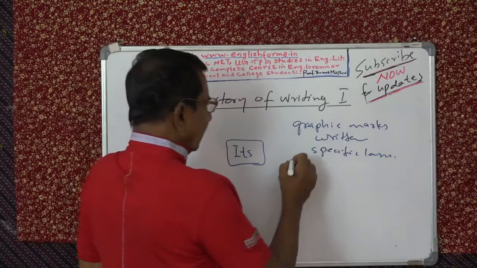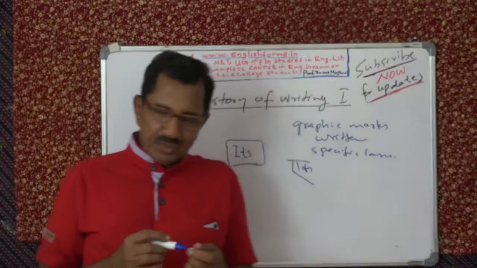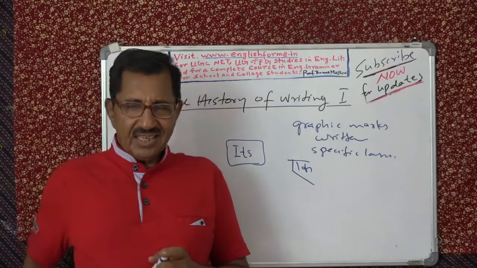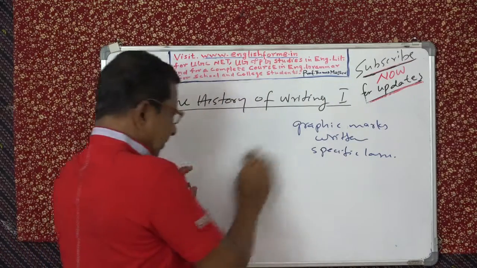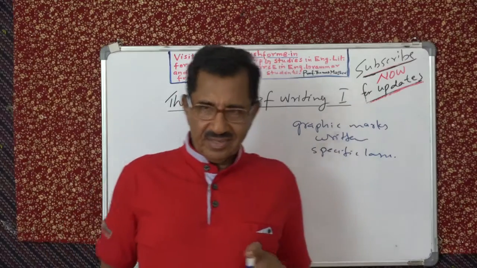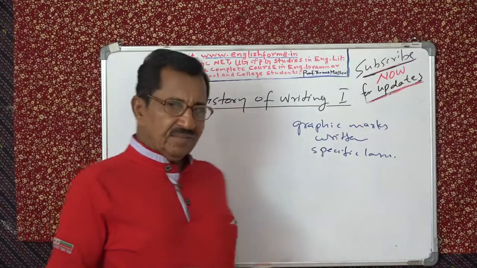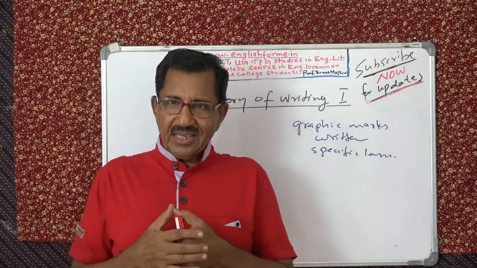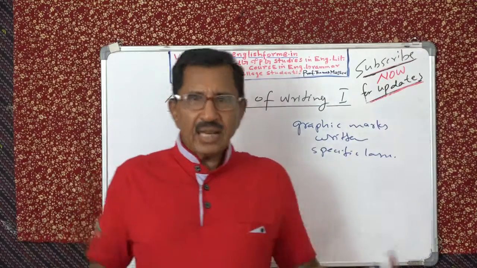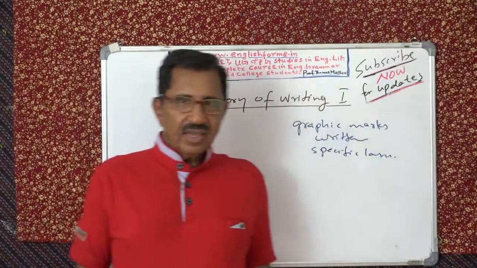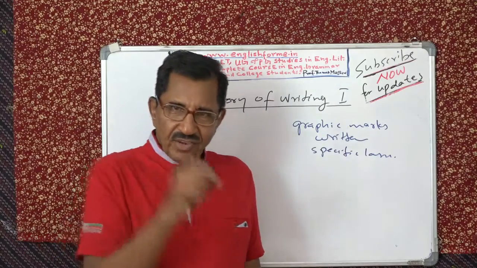And then you have ek, that is a specific unit of Hindi. Ek, do, like that. Come, C-O-M-E, come, a specific unit. So what is writing? Writing is graphic marks representing a unit of a specific language, or any language for that matter. If you mean English, then a unit of English.